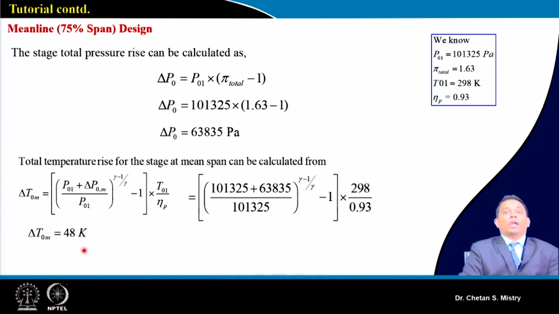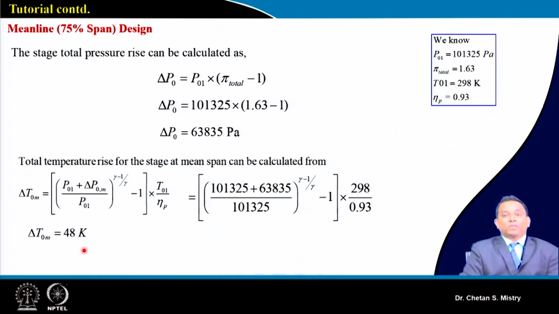In order to calculate the different velocity components, the different flow angles, and other parameters like diffusion factor, De Haller's factor, and degree of reaction, we need to do the calculation at the mid station.